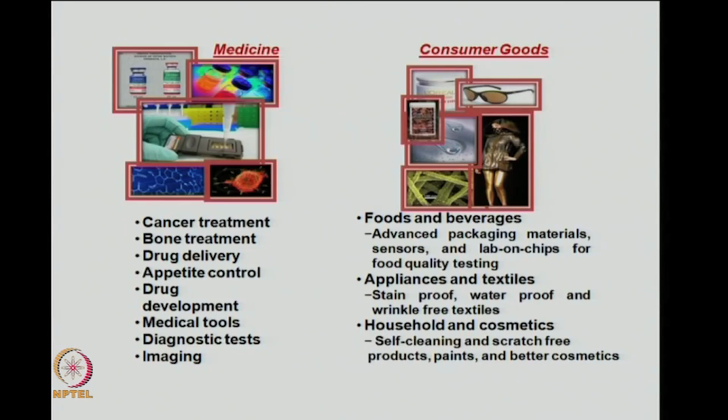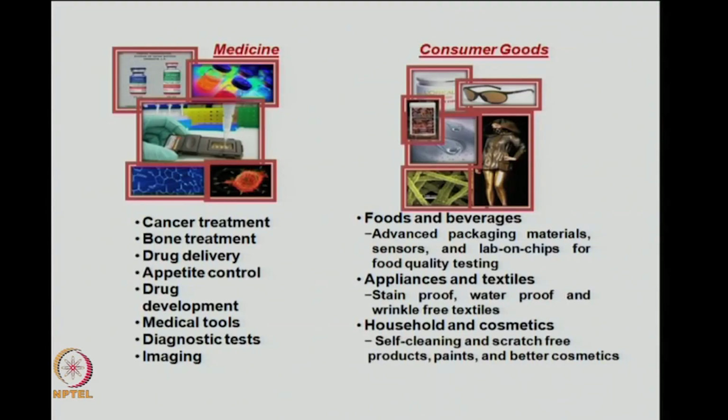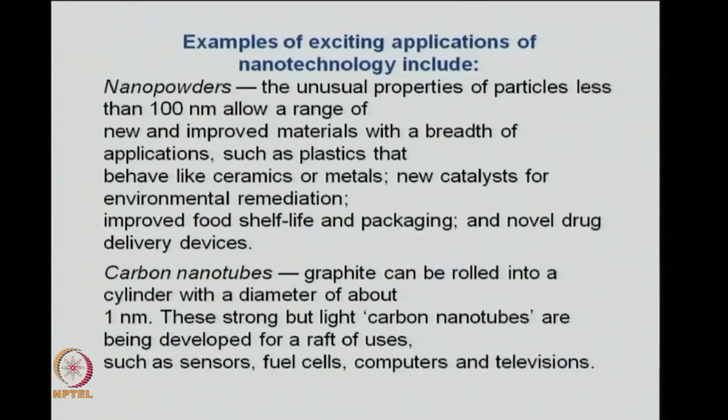A lot of self-cleaning products and scratch-free products in windows and paints, and many UV protection cosmetics are already in the market, which use TiO2 or other such nanomaterials which protect you from ultraviolet radiation. So, there are a lot of applications envisaged in the area of the medical industry and the consumer goods industry.